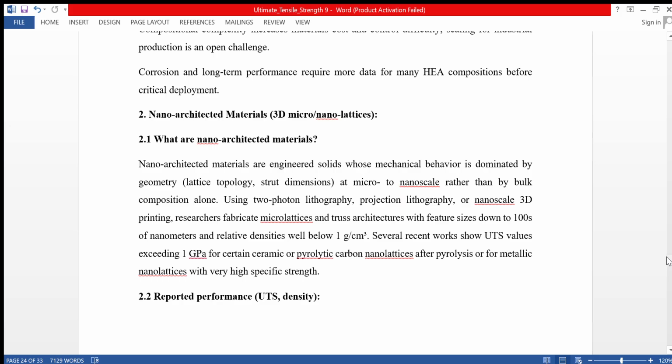Several recent works show UTS values exceeding 1 GPa for certain ceramic or pyrolytic carbon nanolattices after pyrolysis, or for metallic nanolattices, with very high specific strength.